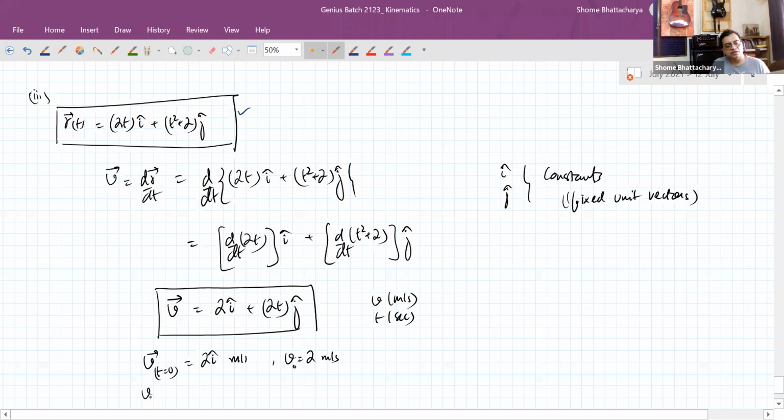Instantaneous velocity at t equal to 1 second is 2 i cap plus 2 j cap, or the magnitude of this velocity is 2 root 2 meters per second. Instantaneous velocity at 4 seconds is 2 i cap plus 8 j cap in meters per second. Its magnitude will be accordingly.